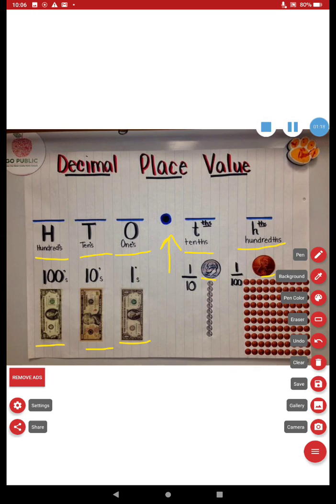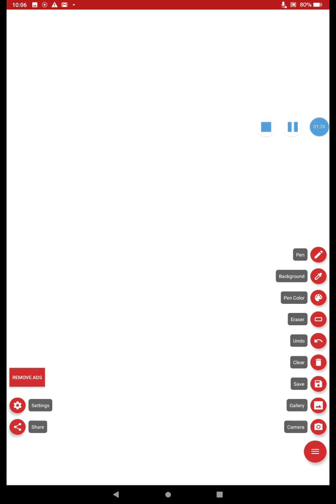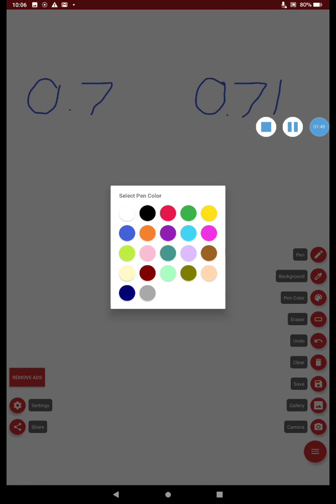So when I move from right to left, my value gets bigger. So let's take a look at that with a number. 7/10 compared to 71/100. I'm going to be using one of 3 symbols.